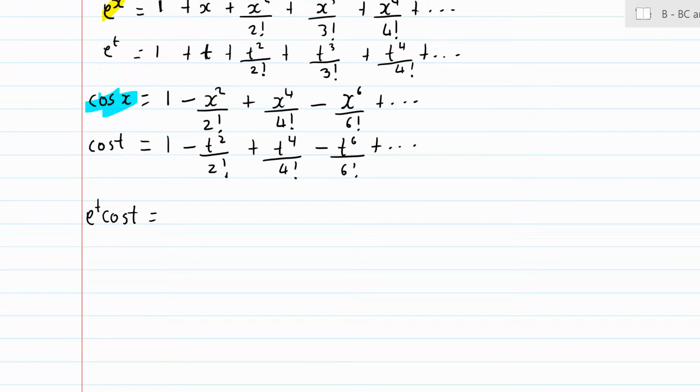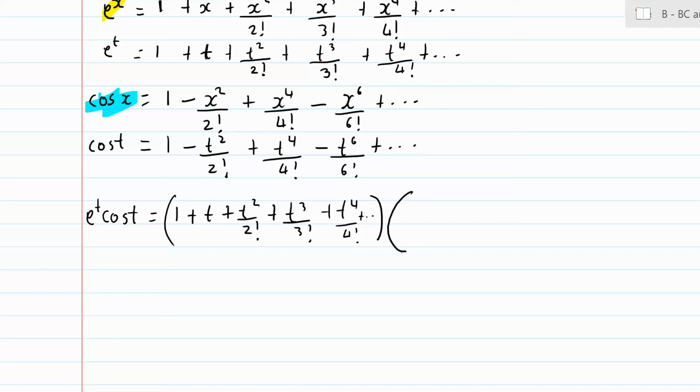That would just be 1 plus t plus t squared over 2 factorial plus t cubed over 3 factorial plus t to the 4 over 4 factorial, and that goes on, multiplied by 1 minus t squared over 2 factorial plus t to the 4 over 4 factorial minus t to the 6 over 6 factorial.